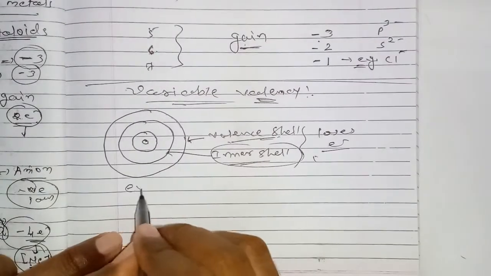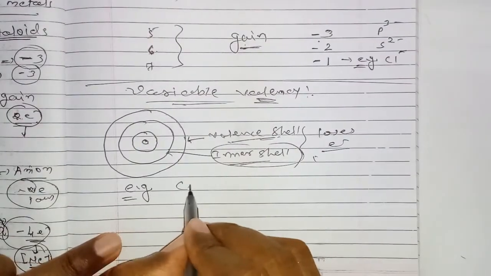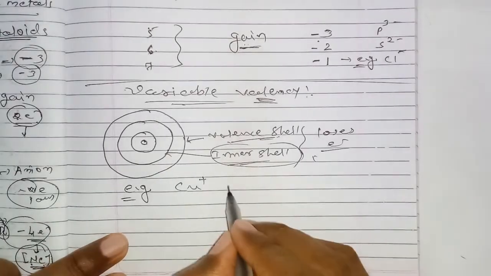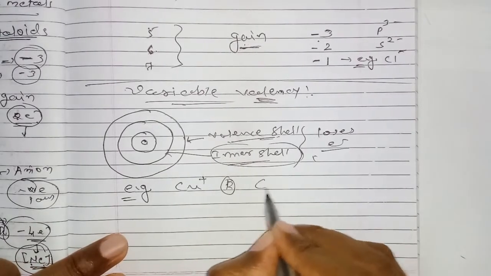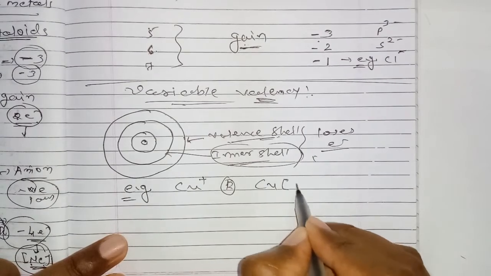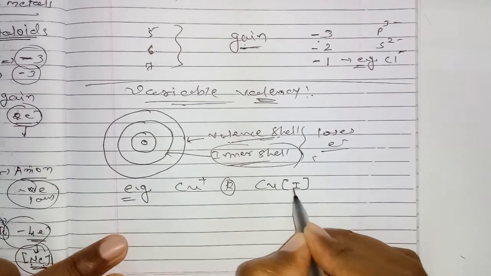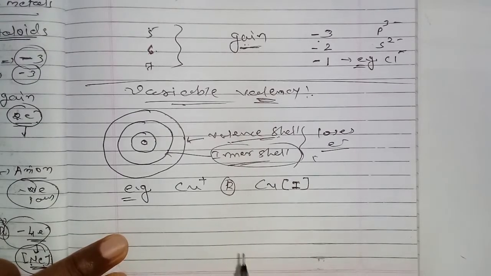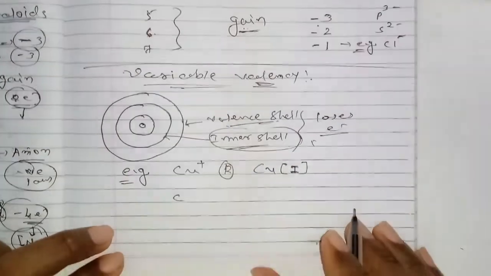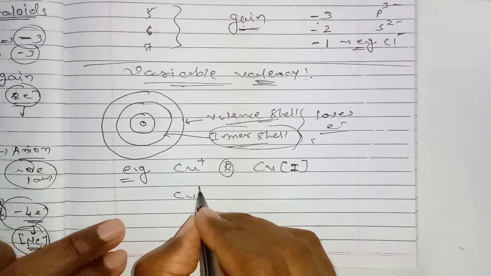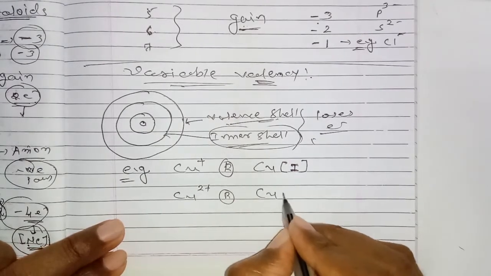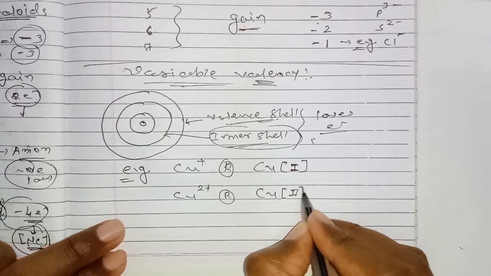For example, Cu plus 1, or it is written as Cu with Roman numeral 1 in brackets, and the other is Cu2 plus, or Cu with Roman numeral 2.